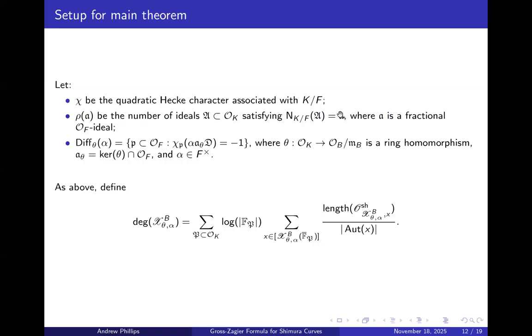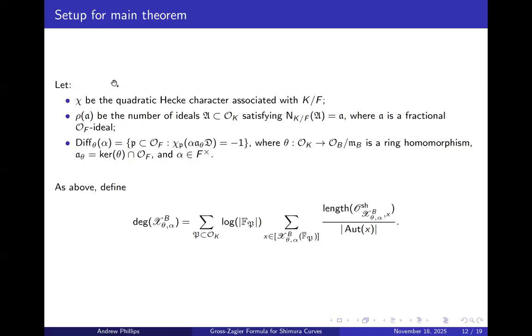Obviously, this number will be 0 if the ideal that you start with is not an integral ideal. So if your little a is not contained in O_F, there's certainly not going to be integral ideals lying over it with norm that ideal.